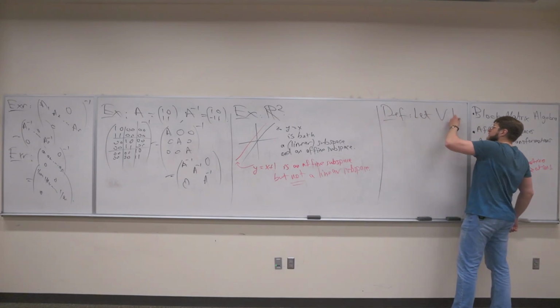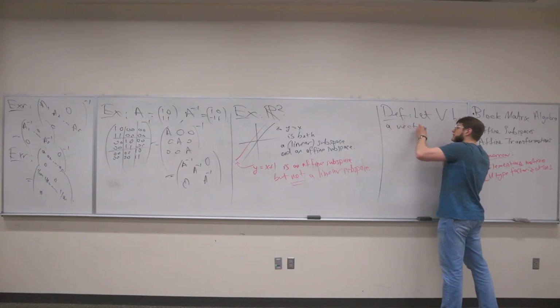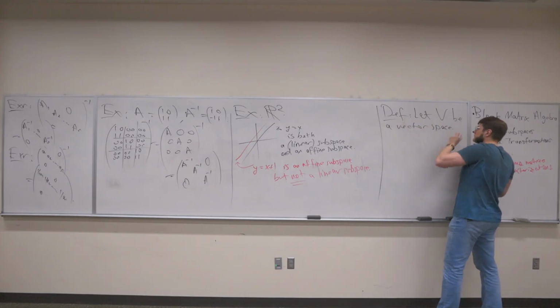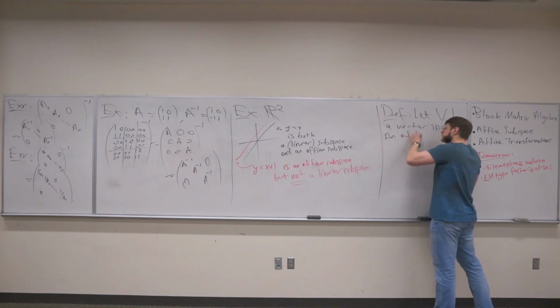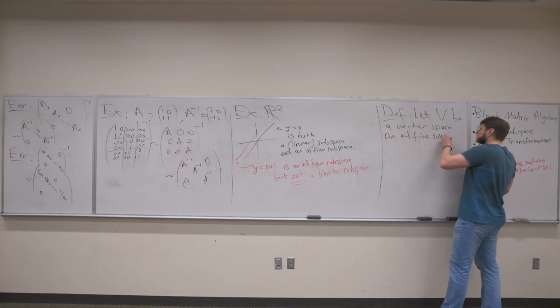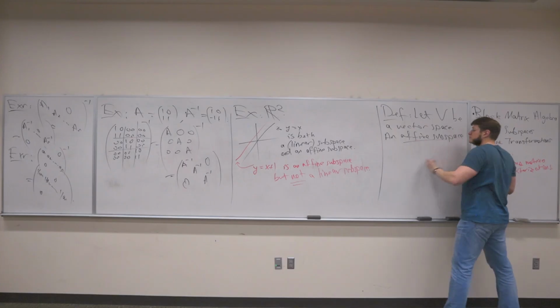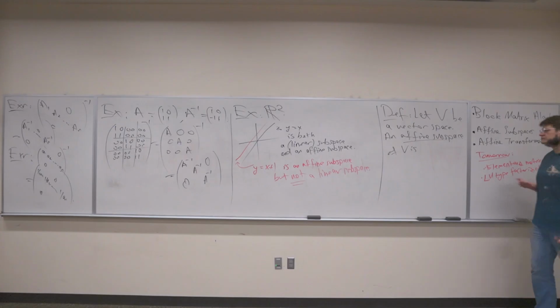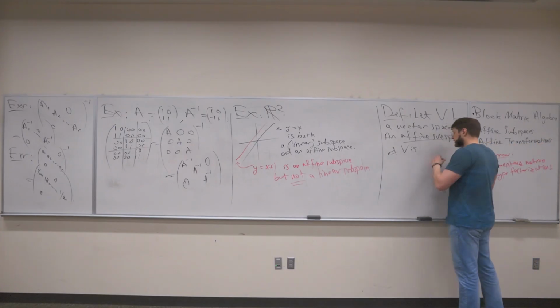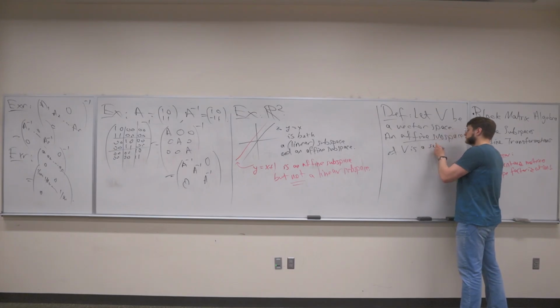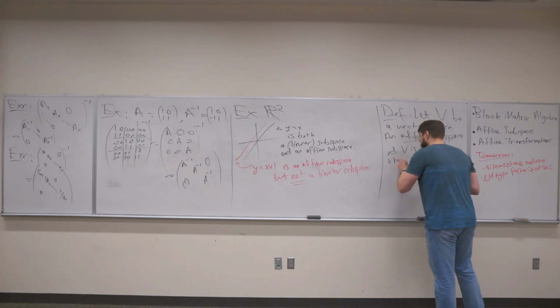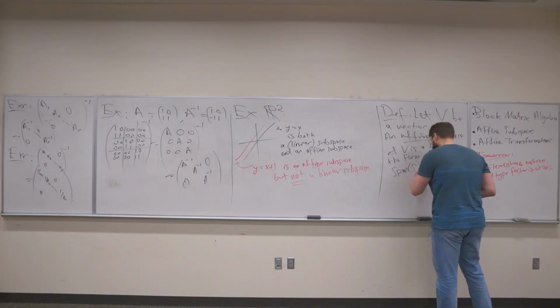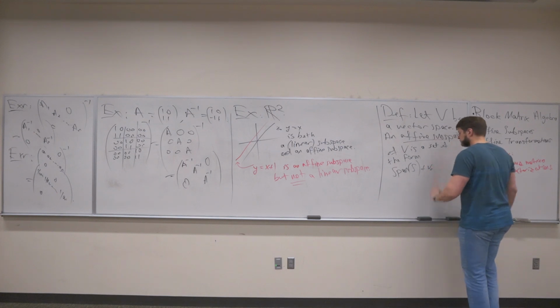So let V be a vector space. An affine subspace of V is a set of the form span of S plus v0, let's say.